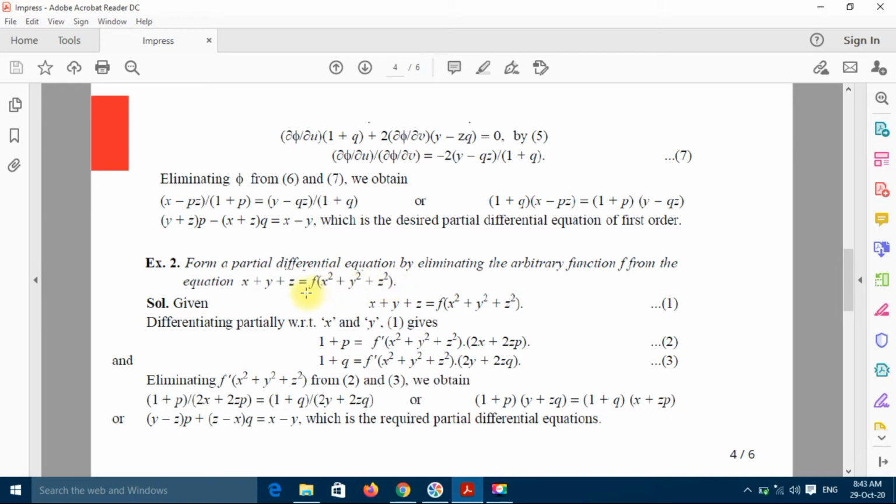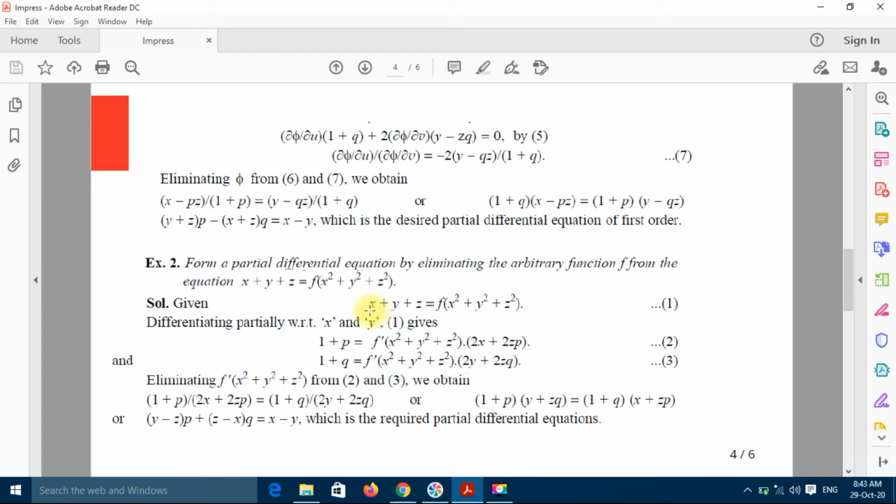In this problem, there is no two functions concept, because we discussed example number 1, in which there are two functions u and v, but in this example there is no u and v. So how to find the required differential equation?